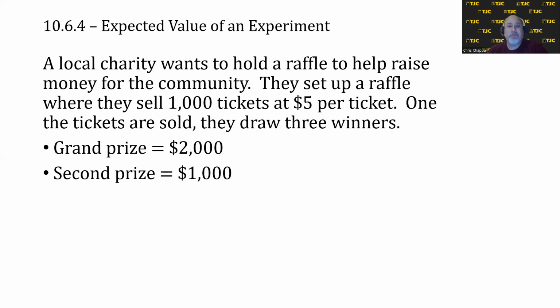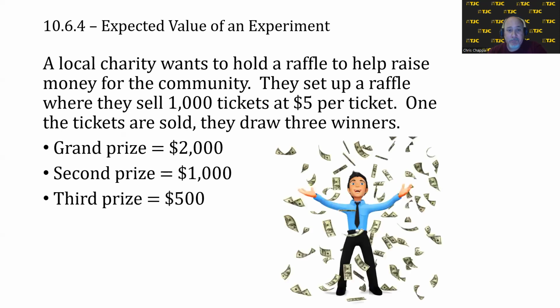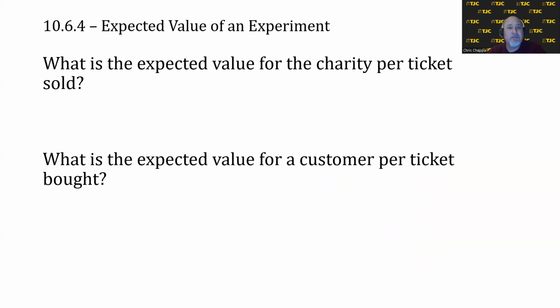The second prize winner gets $1,000. Third prize, $500. Yay! Make it rain. What is the expected value for the charity per ticket sold? And what is the expected value for a customer per ticket bought?